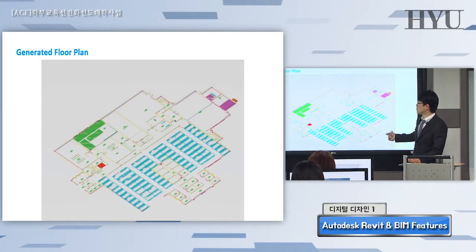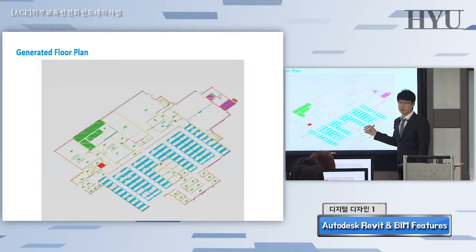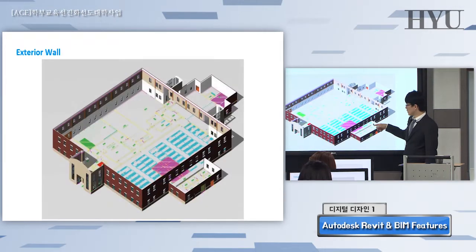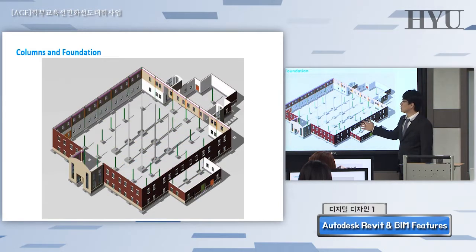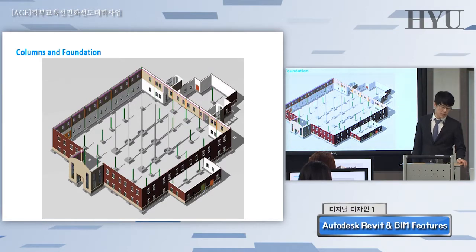Let's take a look at this one. This is the general floor plan of this building. Based upon this plan, exterior walls can be modeled like this, with some structural elements, including columns and some foundation objects.